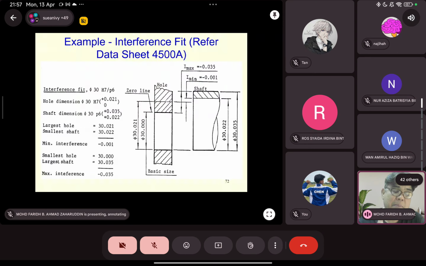Minimum size diameter of shaft is bigger than maximum size of hole. Dia duduk macam ni. Apabila dia duduk macam ni, maka dia adalah interference.